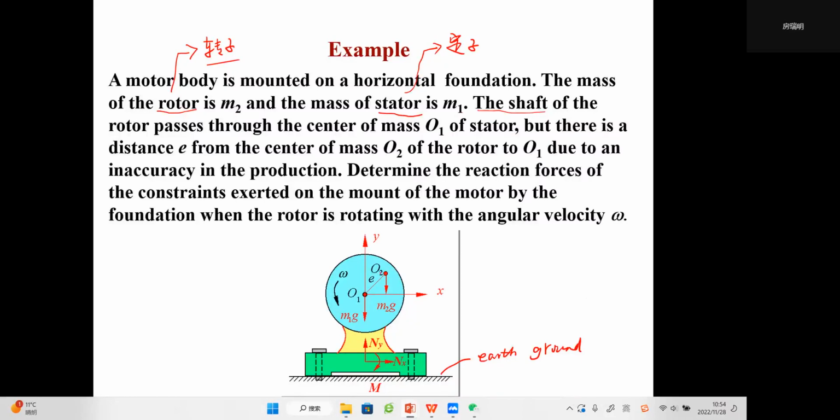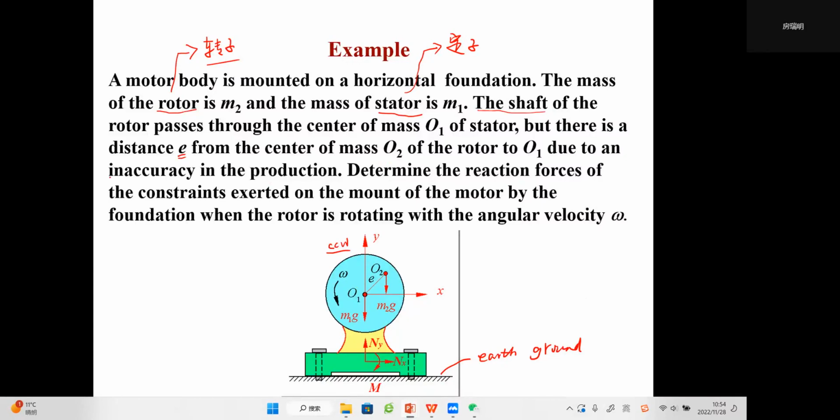So the rotor with m2 will have rotation around point or axis O1 in this direction, which is CCW. Its magnitude will be omega. But there is a distance e from the center of mass O2 of the rotor to O1. So this means the length of O1 to O2.